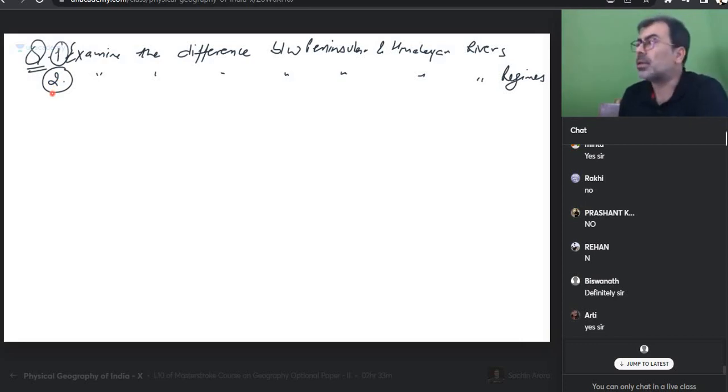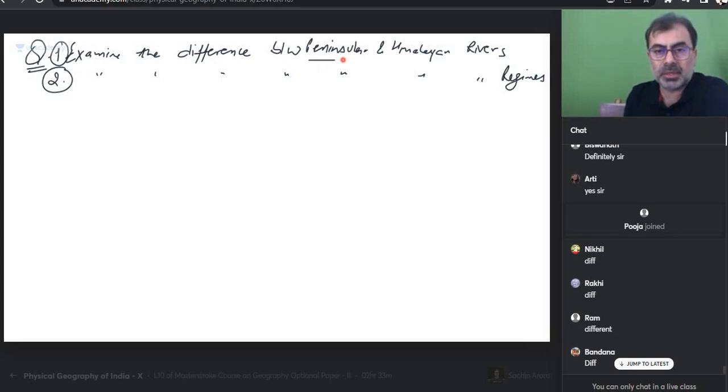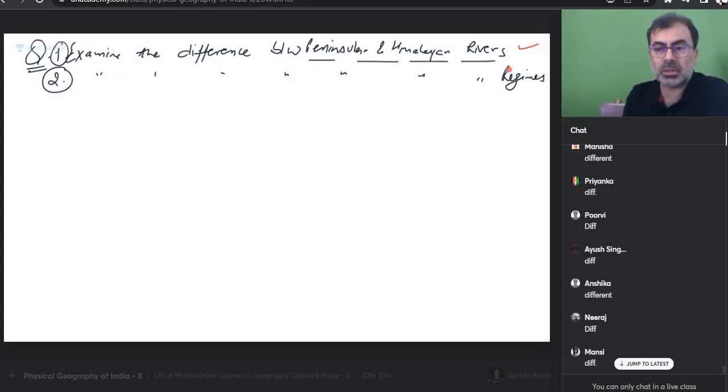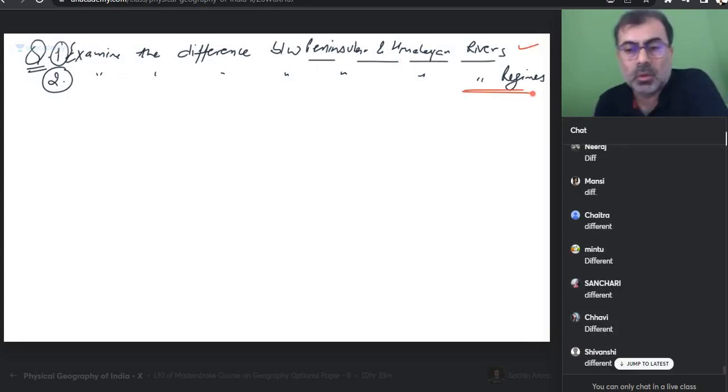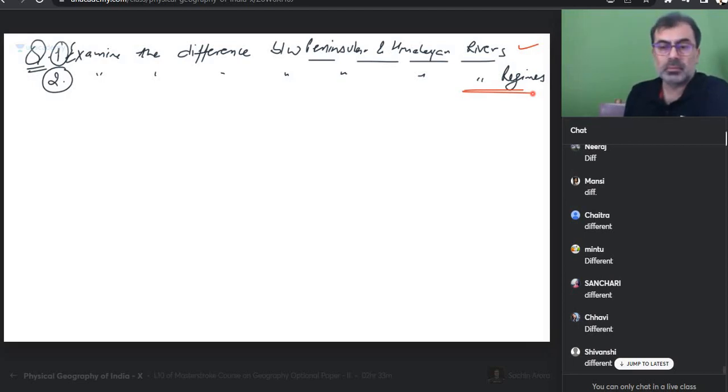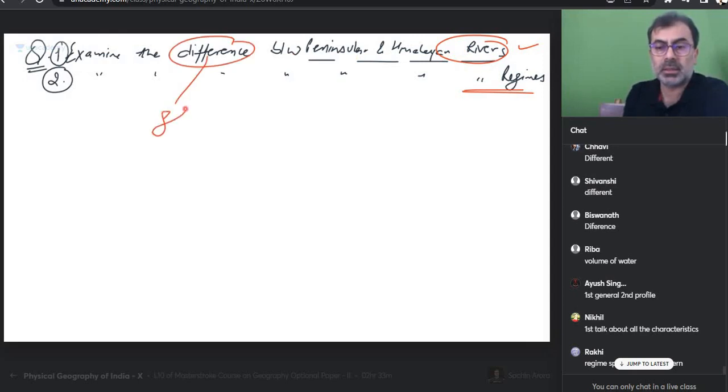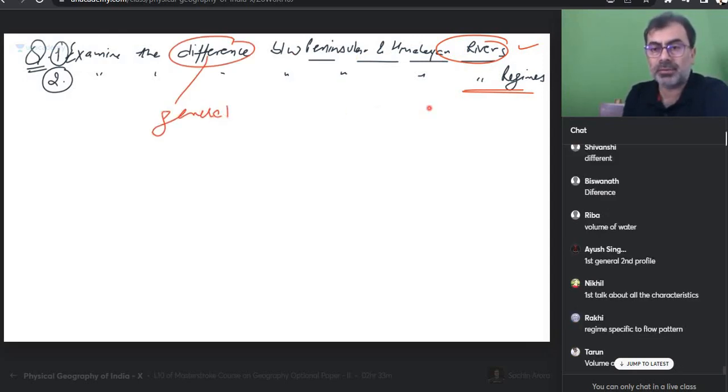Are they the same or different? We talked about this. What is different then? Quickly tell me. First is a general difference. Second is profile difference. No.